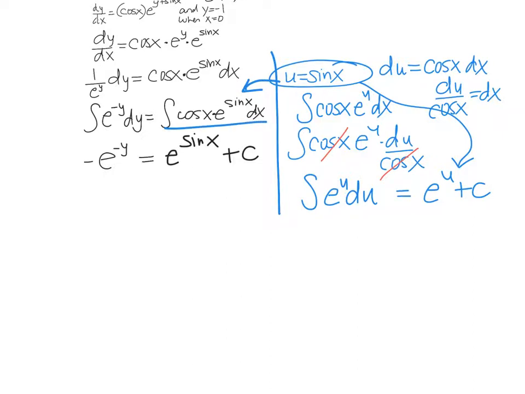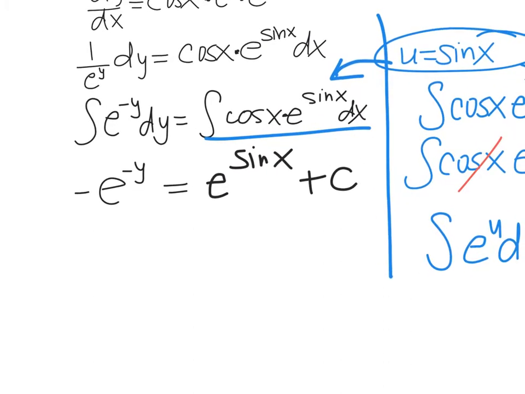Or you could just try and think of it. I know that's hard to do because you're thinking backwards. What's the derivative of e to the sine x? It's e to the sine x times cosine x. There it is. If I'm thinking anti-derivatives, anti-chain rule, I would take the integral of e to the sine x and divide by cosine x, and those would reduce and give me that.